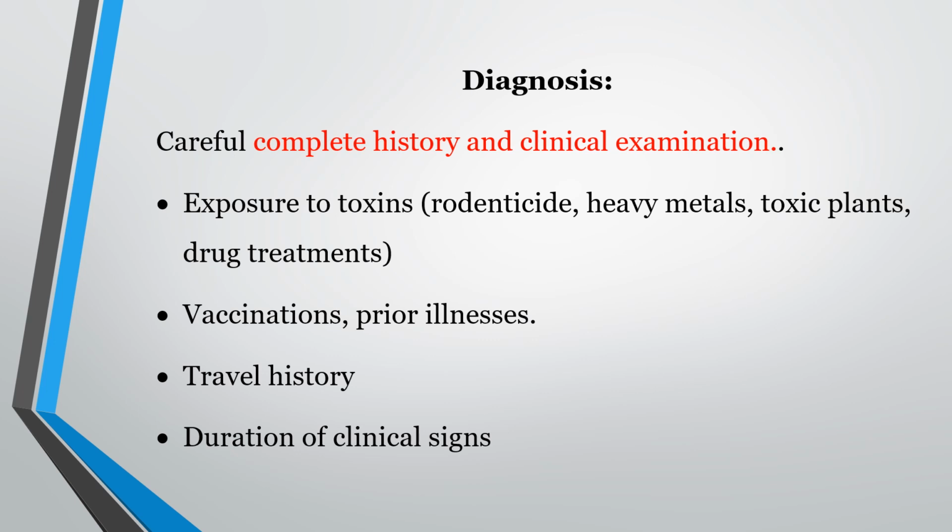The history on exposure to toxin, rodenticide, heavy metals, toxic plants, any drug or treatment given, any vaccination given, prior illness, travel history, and the duration of clinical signs, and whatever else is relevant the clinician finds regarding the history for the anemia, he should take it.